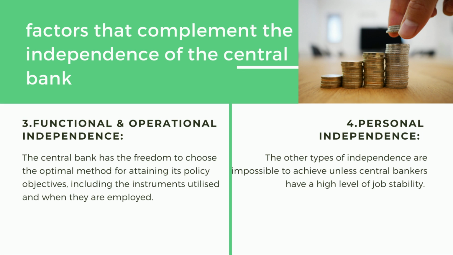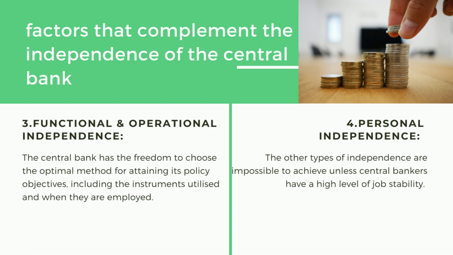The third factor that complements the independence of central banks is functional and operational independence. The central bank has the freedom to choose the optimal methods for attaining its policy objectives, including the instruments utilized and when they are employed.